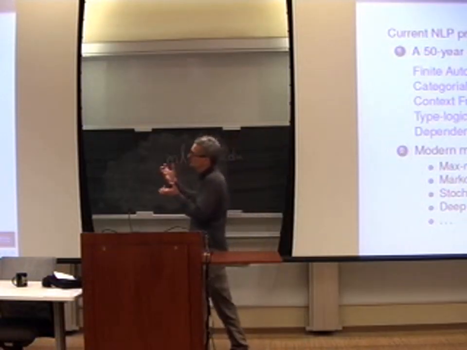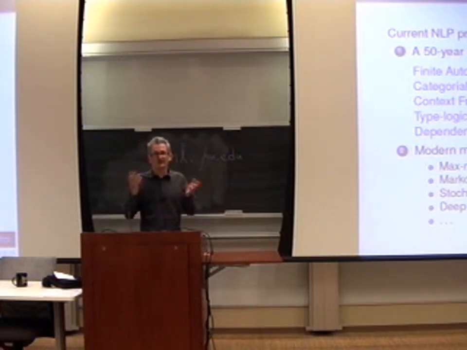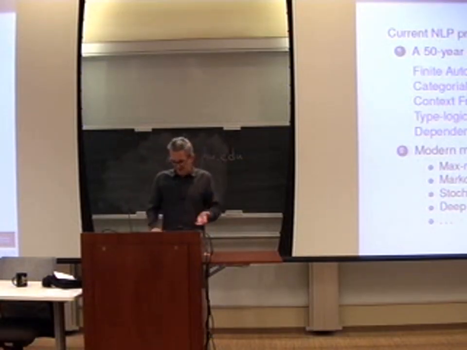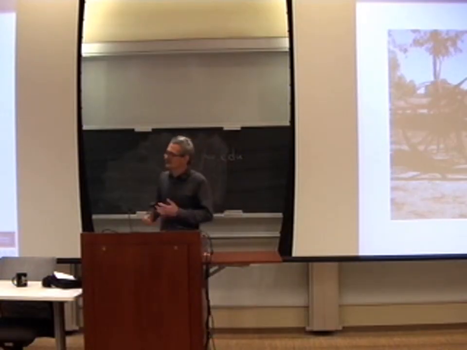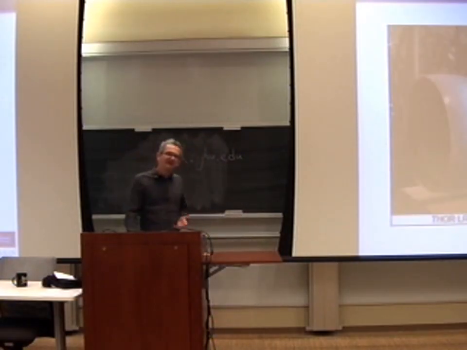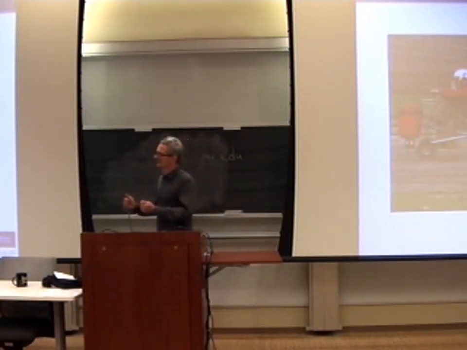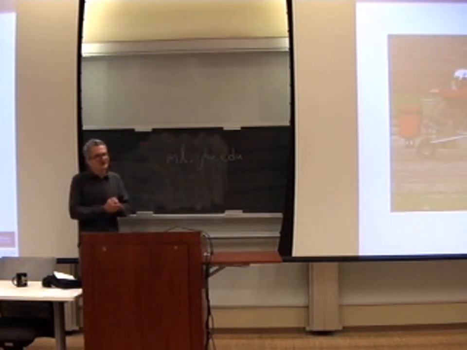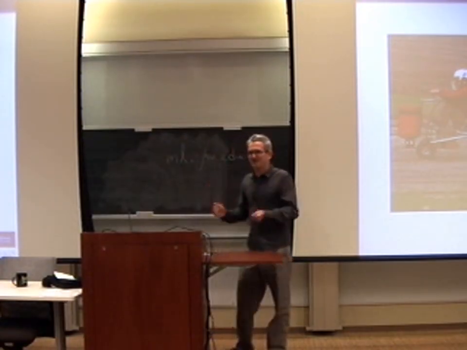And these two ingredients are then combined to produce an NLP system. Now, in cartoon form, we can look at it something like this: we take some old vehicle, we stick a modern engine on it, and we end up with something like this, which is really awesome, and it goes very, very fast.